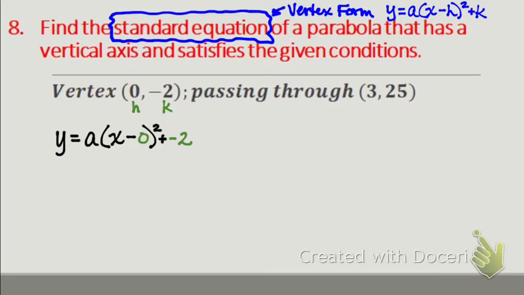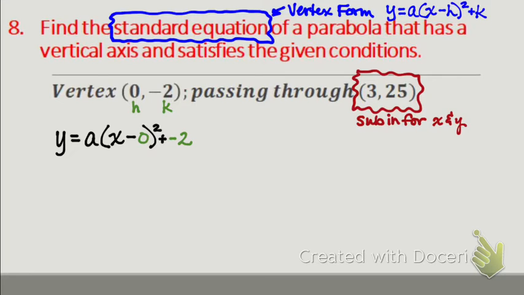We still need what piece, though? We still need a. What else did they give us to work with? They gave us a point that it passes through. So we're going to take this point that it passes through. We're going to sub this in for x and y.